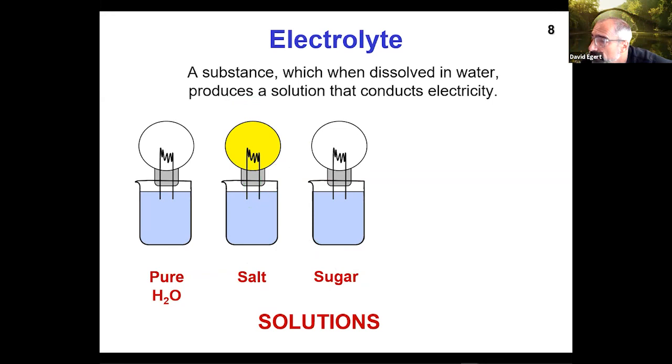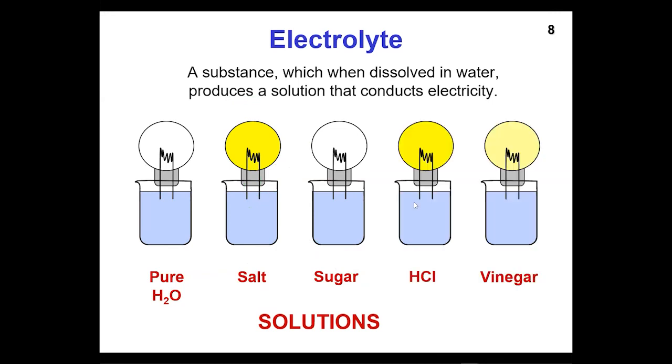Okay. If the salt concentration was too low, it wouldn't conduct the light anymore, or it has to be at a certain level of concentration, the salt. Right. The more salt you have, the more ions you have, the better it's going to be at conducting electricity, for sure.